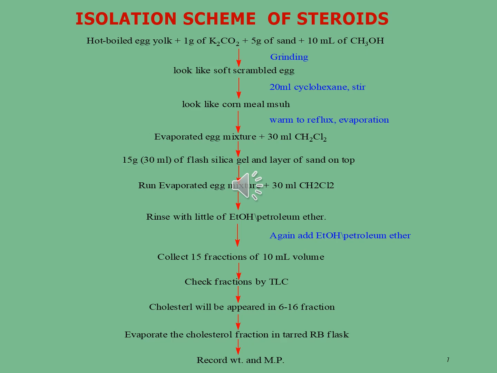After that, the cholesterol is identified with the help of a specific test for the confirmation of the steroid molecules. So this is the specific method for the isolation, purification, and identification of steroid natural products.